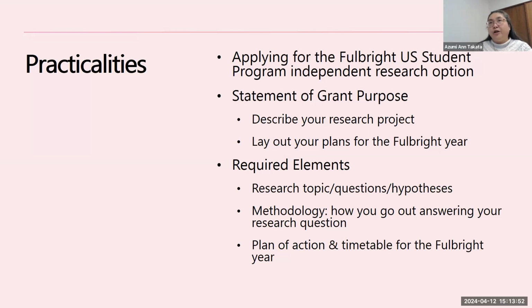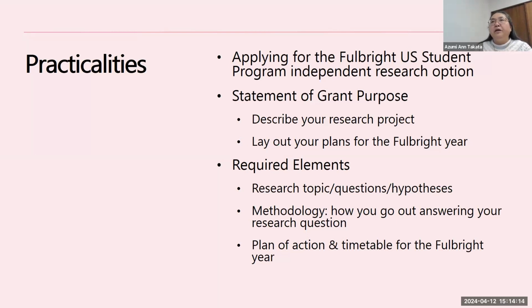doing your research project? Some of the required elements of that statement of grant purpose are that you need to have a well-defined research topic, which can be either a general statement or a series of questions or hypotheses. You need to work out a methodology, which is essentially how you're going to go about answering your research question or testing your hypothesis.